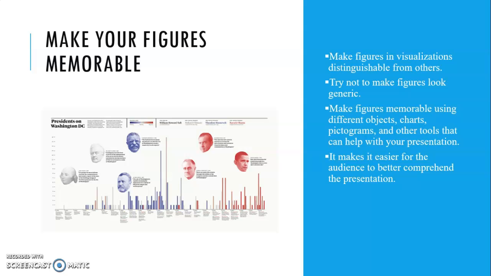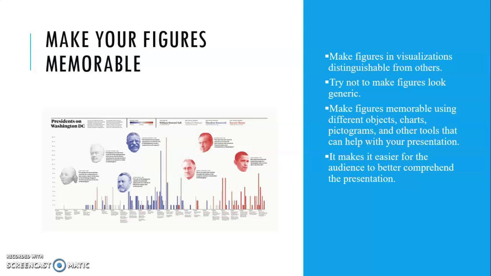So the perfect example I have here is a chart of presidents on Washington, D.C. The chart itself talks about presidents that mention the word Washington, D.C. in their State of the Union addresses.